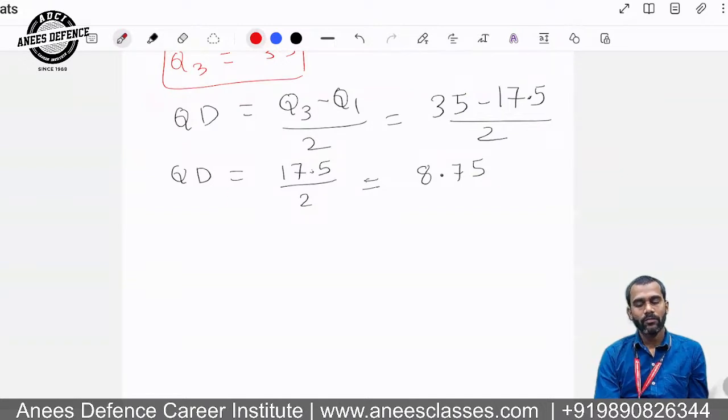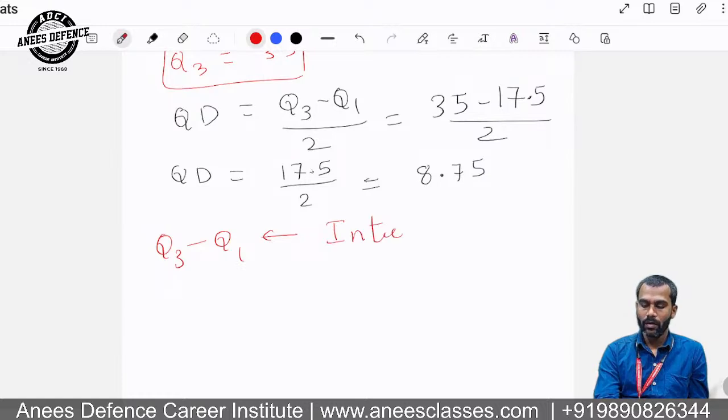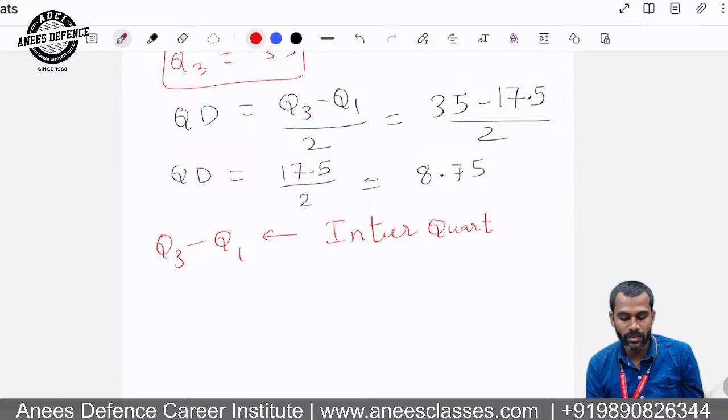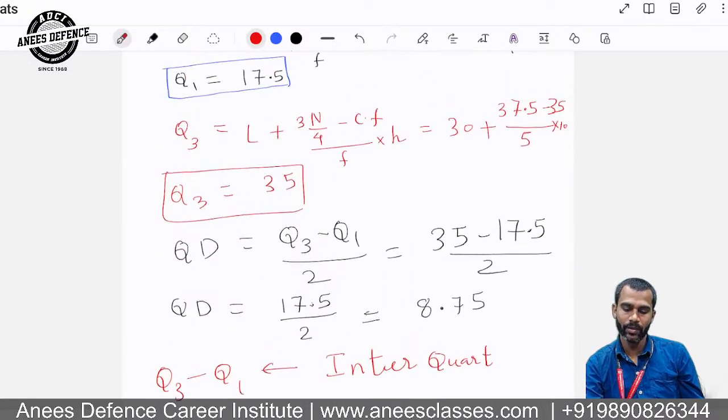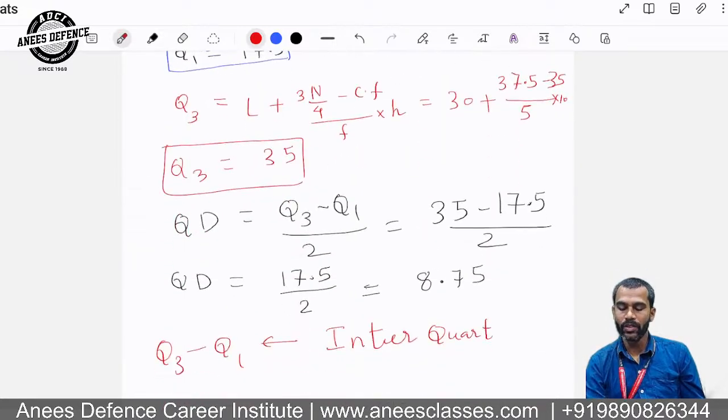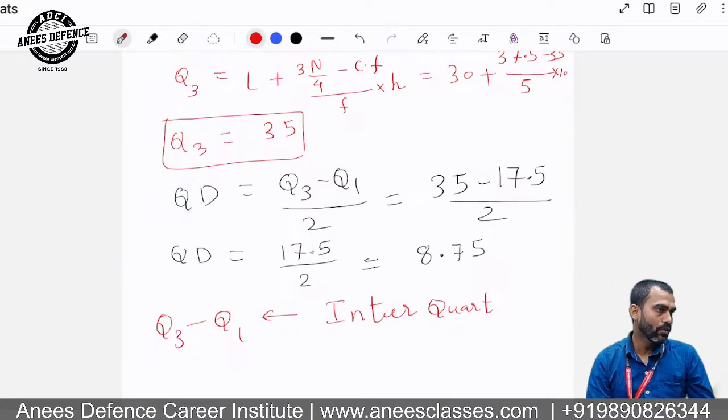So you just need to write what is Q3 minus Q1. It is also called the interquartile range. Sometimes they may ask what is the interquartile range of this particular data. For the same example, that would be equal to 17.5.